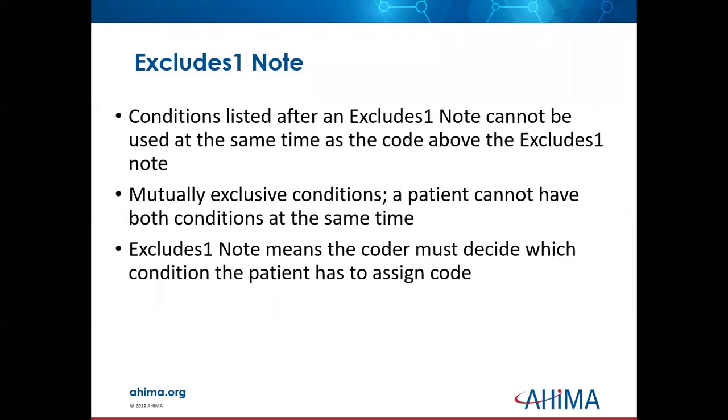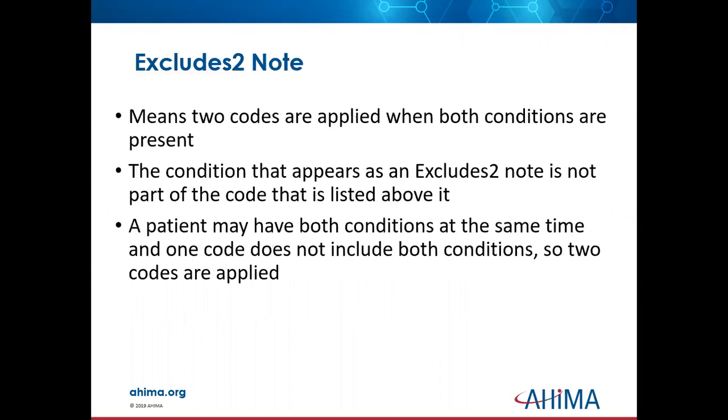It's mutually exclusive. You can't have both conditions at the same time. So an example would be chronic versus acute, unless otherwise specified, or congenital versus acquired. So in other words, the excludes 1 is telling the coder that you need to pick one or the other based on the documentation.